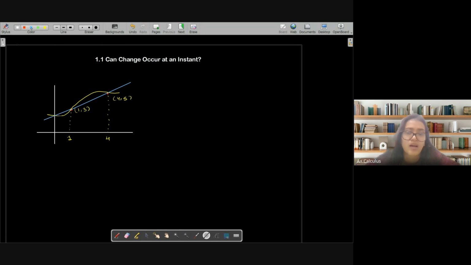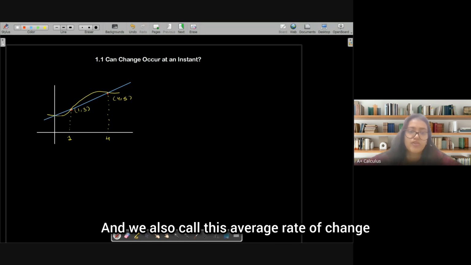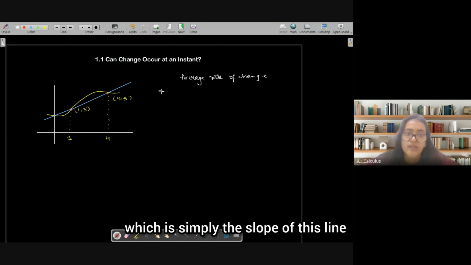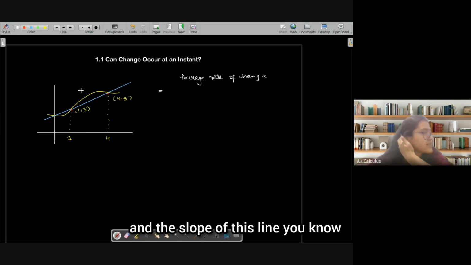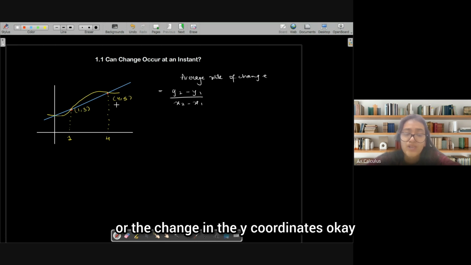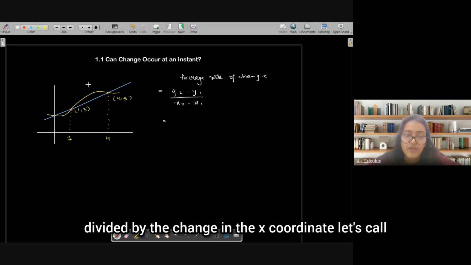We also call this the average rate of change, which is simply the slope of this line. And the slope of this line, you know the formula was y2 minus y1 over x2 minus x1, or the change in the y coordinates divided by the change in the x coordinates.